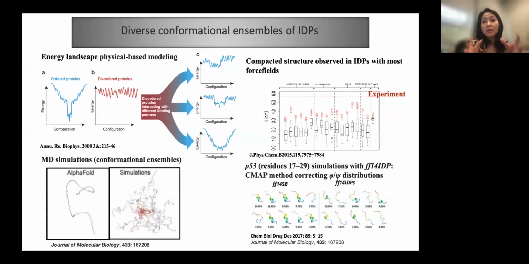For the other proteins, there is a funnel-like energy landscape, whereas for the disordered protein you see multiple states, and they are coupled together by very low energy barriers.